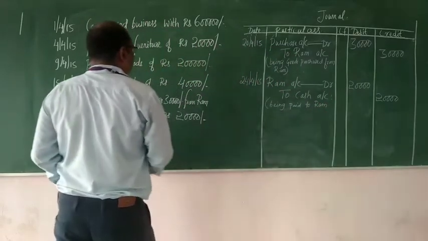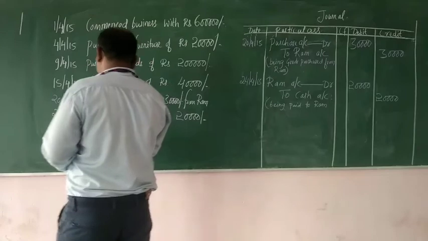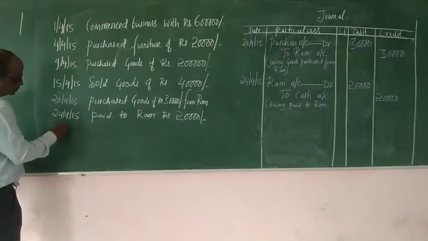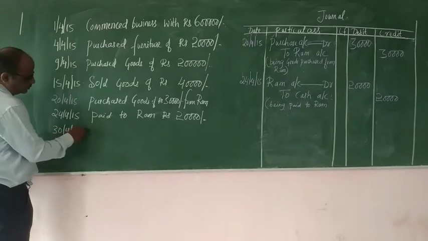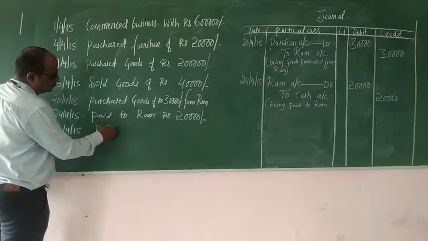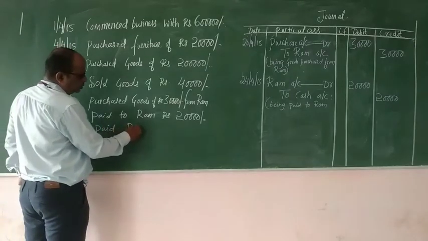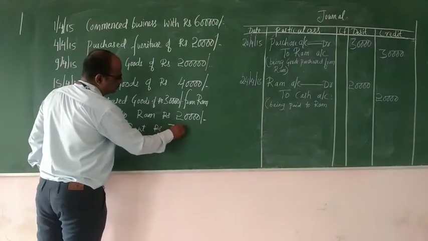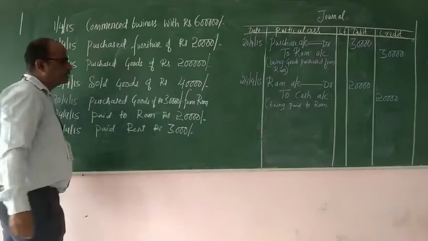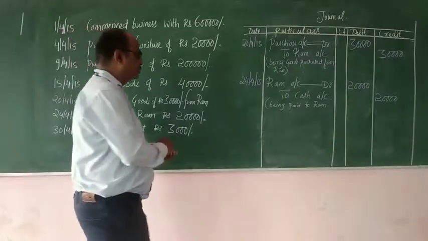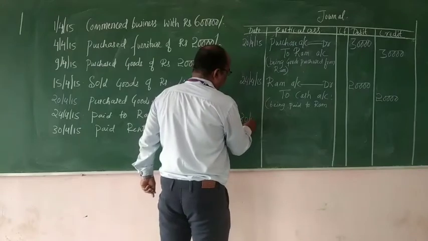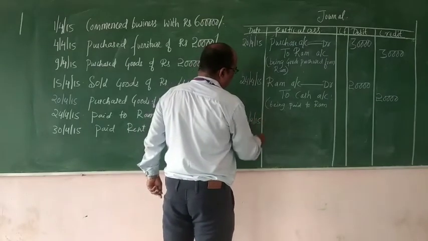So let us see one more transaction. Paid rent rupees 3,000. Here rent is an expense. So it comes under what? Nominal account.